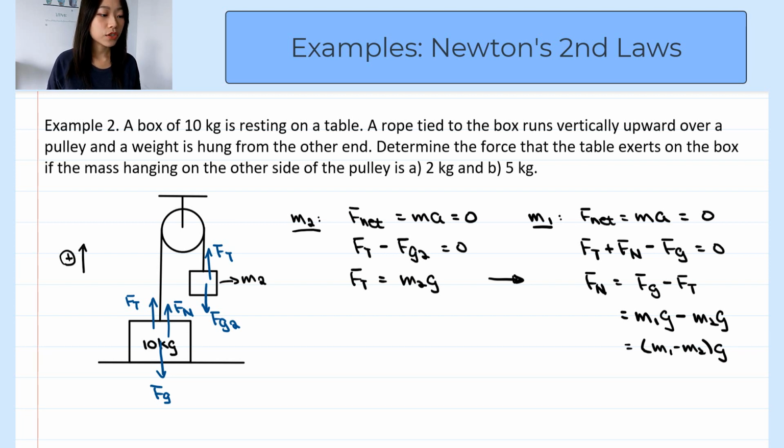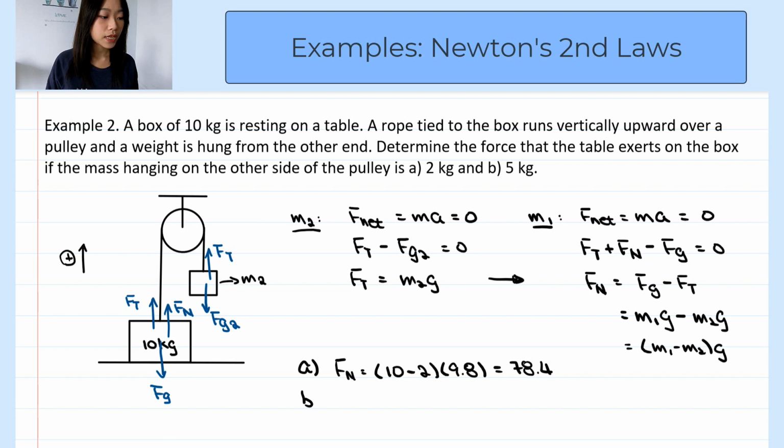So to answer the question, part A, if mass 2 is 2 kilograms, then normal force would be 10 minus 2 times gravitational acceleration, 9.8, which equals 78.4.